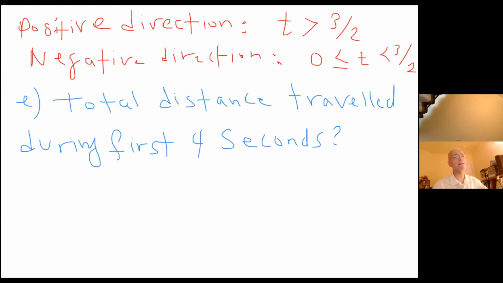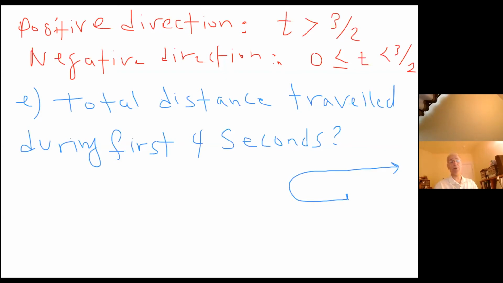We know that the particle was going to the left first, in the negative direction, and then to the positive. So it turned around. The path was something like this.